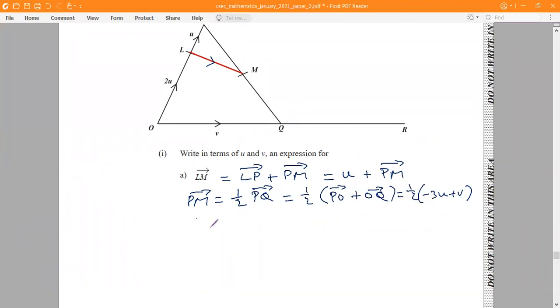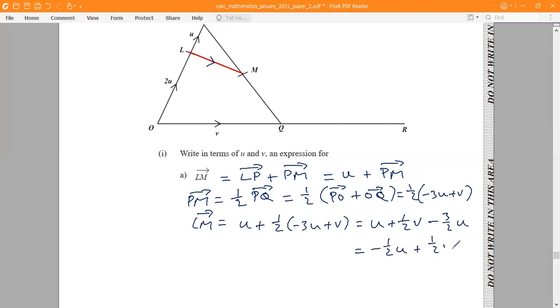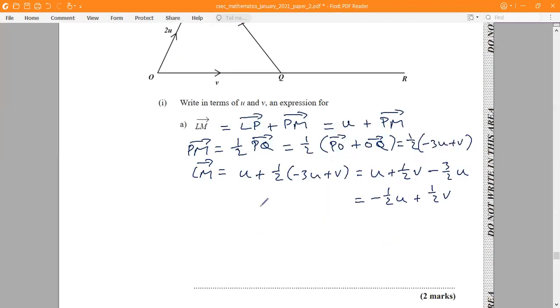So let's just work out LM now. LM is equal to U plus PM, being 1/2 of negative 3U plus V. You can simplify this by removing the brackets. 1/2 times V is 1/2 V, and then we have minus 3 over 2 U. So 1U minus 3 over 2 U would be negative 1/2 U plus 1/2 V. That's the answer for LM.